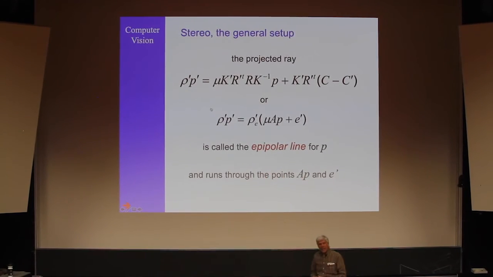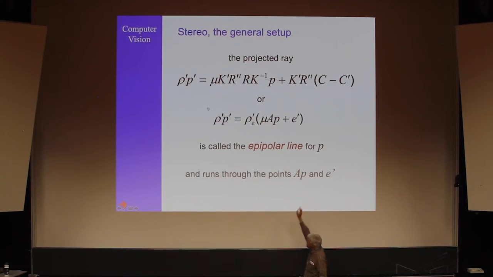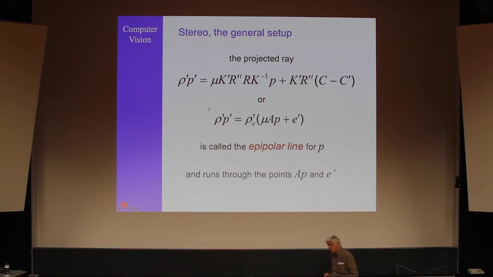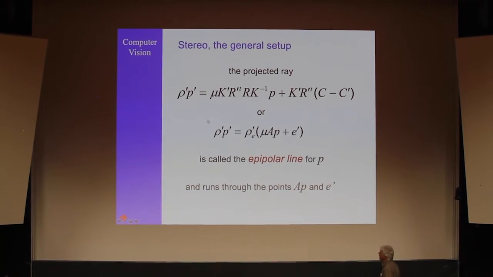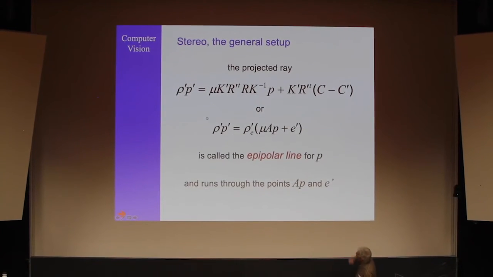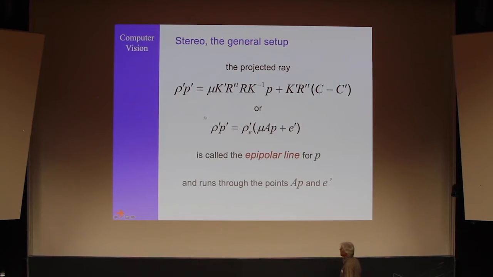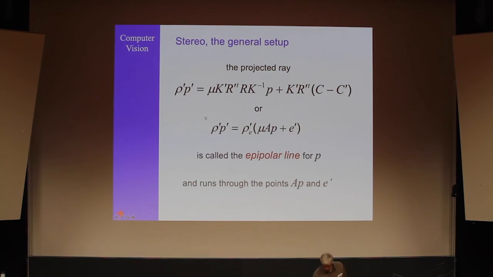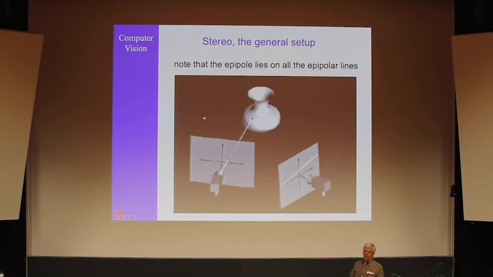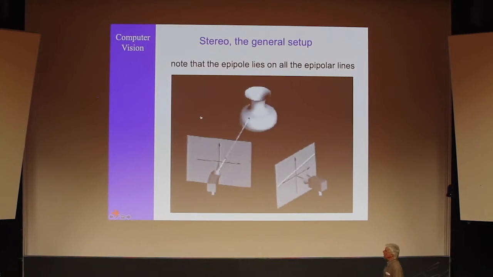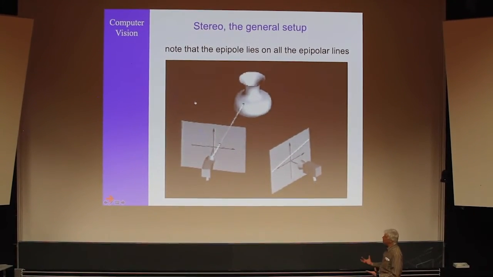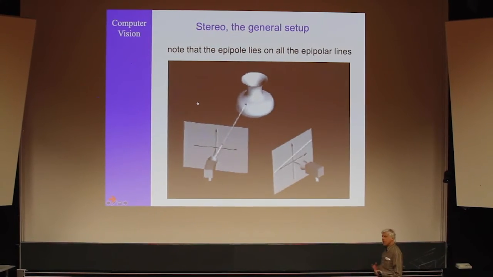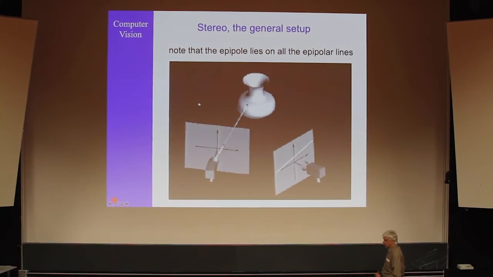And that is a line connecting these 2 points. AP, the image of the vanishing point of the projection ray in the first camera in a second view, and E prime, where the second camera sees the first. Here graphically. And then it immediately is clear that indeed all these different epipolar lines have to run through the epipole.